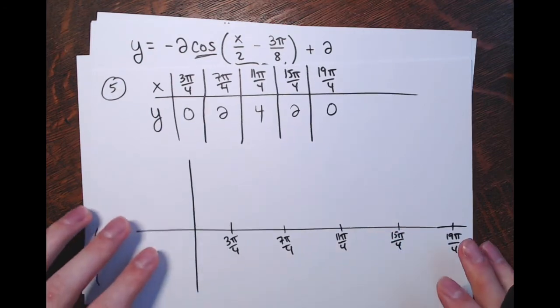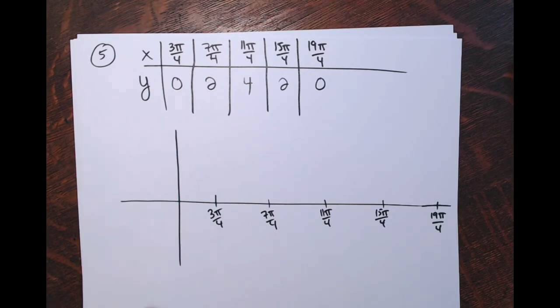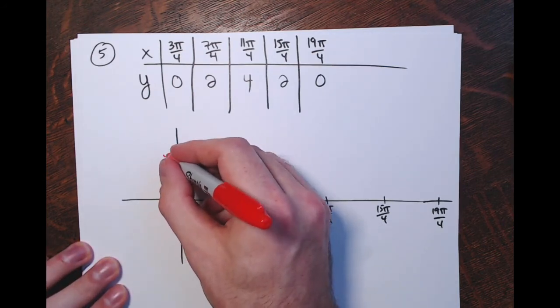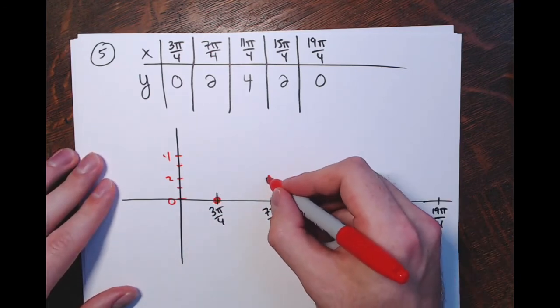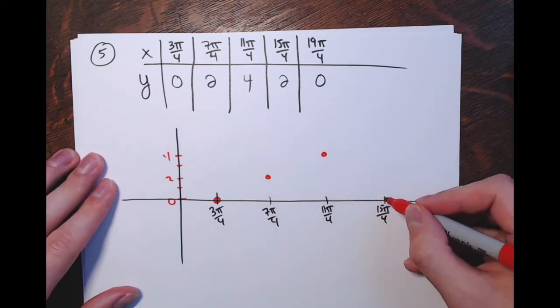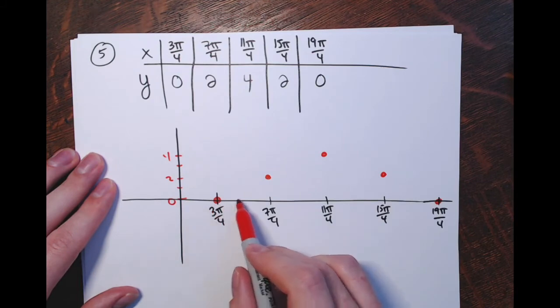Right, again, this isn't perfect or anything, but my outputs are 0, 2, and 4 in this chart. So I got 3 pi over 4, 0, 7 pi over 4, 2, 11 pi over 4, 4, 15 pi over 4, 2, and 19 pi over 4 is 0. And remember, it's a wave.